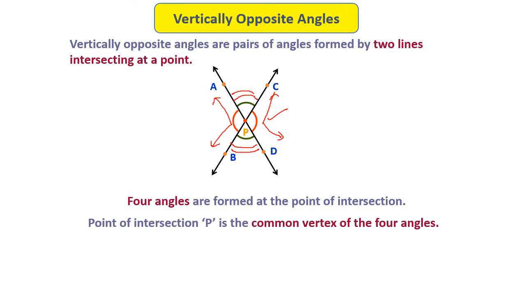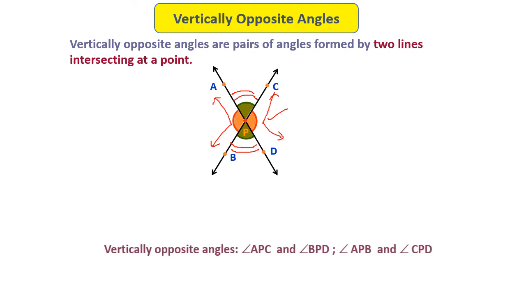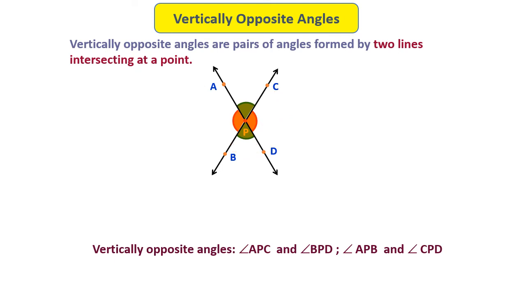At the point of intersection, it's a common vertex for four angles, and the angles opposite to each other are called vertically opposite angles. In this case, green APC and green BPD are vertically opposite, and similarly red CPD and APD.